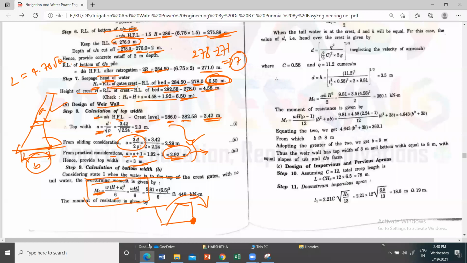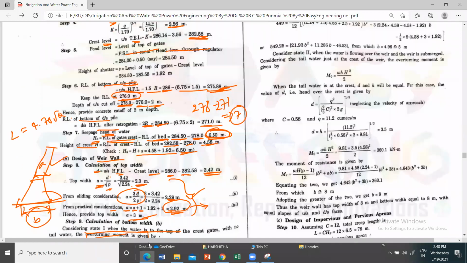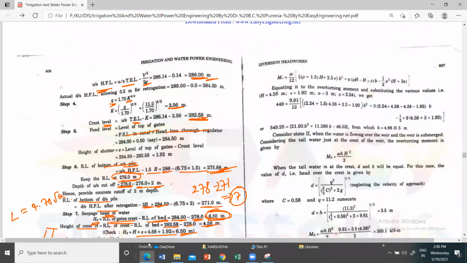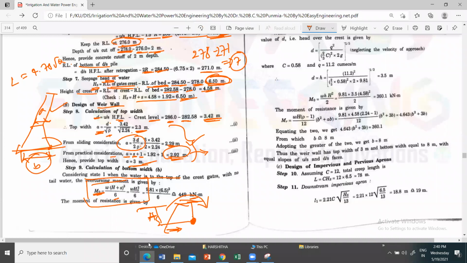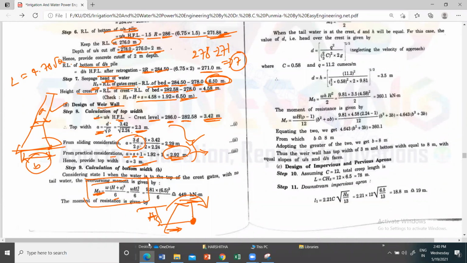We can calculate the resisting moment also. The overturning moment is because of the water pressure force, so it depends upon HS, the height of water on the upstream side, that is small w HS H cube by 6. That will be the overturning moment.